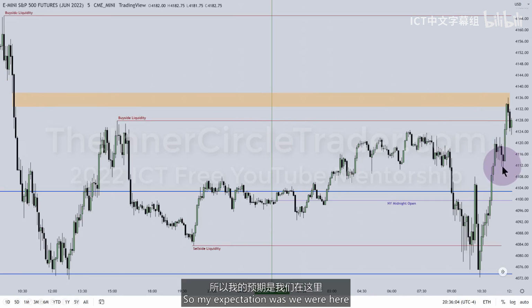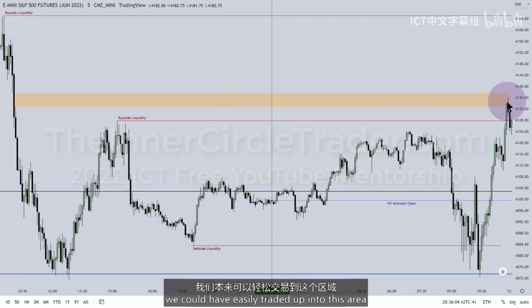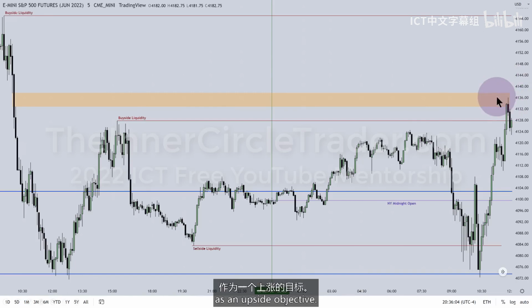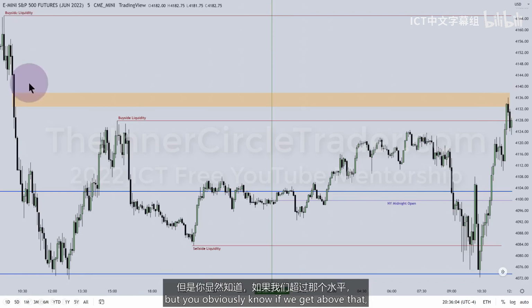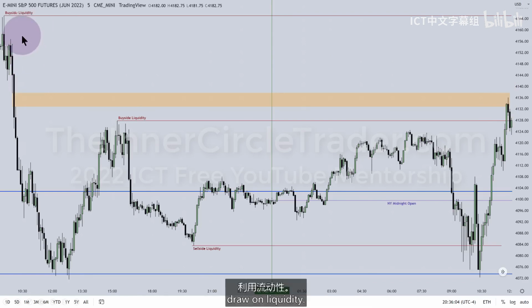So my expectation was we were here and we were likely to draw up into that in the PM session. So in other words, as we were going into lunch and on the other side of the lunch, we could have easily traded up into this area as an upside objective. And then I didn't mention it, but you obviously know if we get above that, what would be the next logical draw on liquidity? It would be above this high here. Okay.